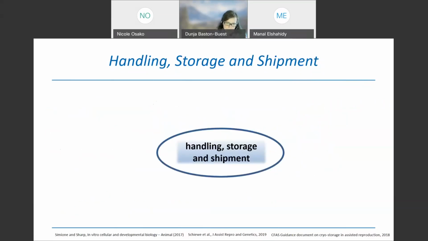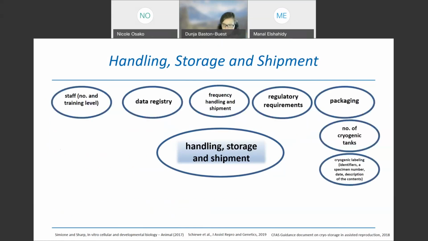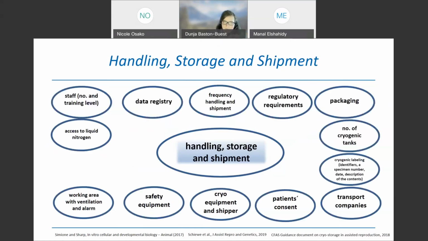There are many confounders regarding the handling, the storage, and the shipment in a center, and these are just some points I would like to pin. So we all have a different number of staff and different training levels, and we have a data registry, for example, and perhaps a different frequency of handling and shipment. There are also regulatory requirements with a different number of cryogenic tanks, different techniques regarding labeling, different transport companies.